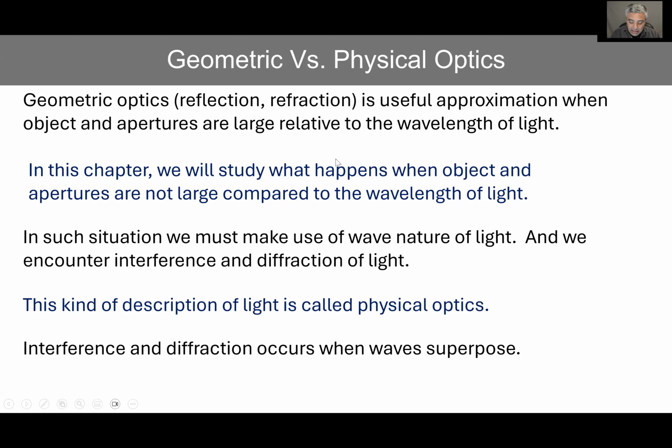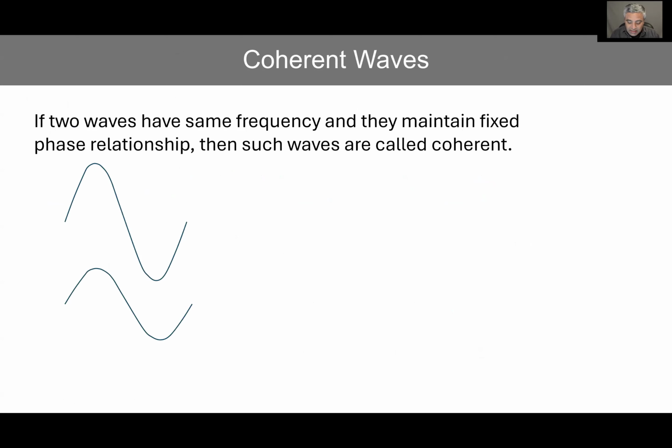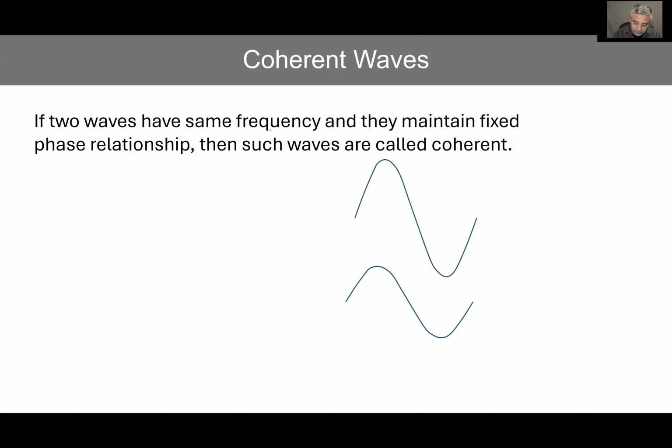Okay. Now, for interference to happen, we need two sources, and the two sources should be producing coherent waves, we say. So what does that mean? When they have the same frequency and a similar phase relationship when they move.